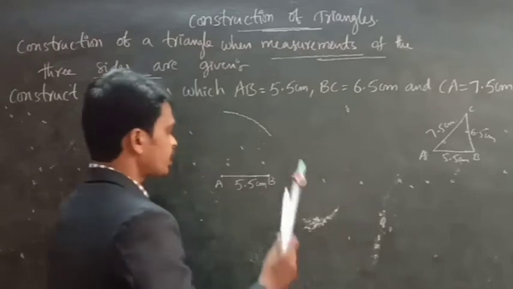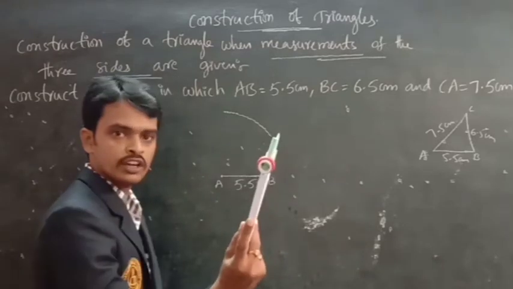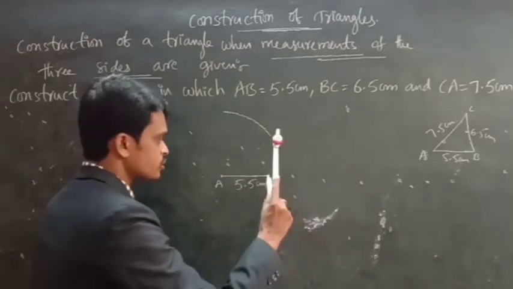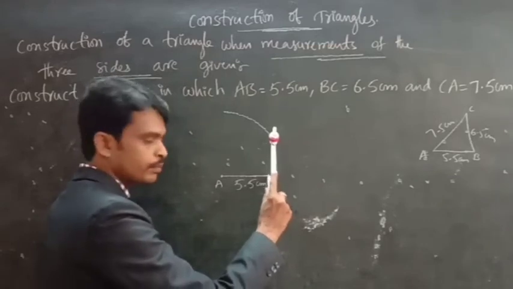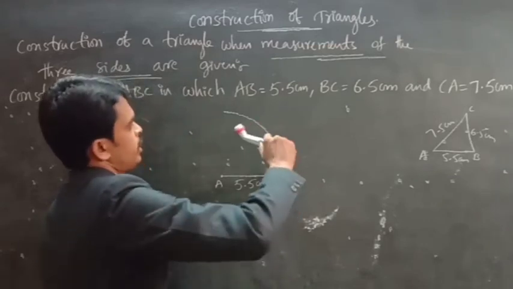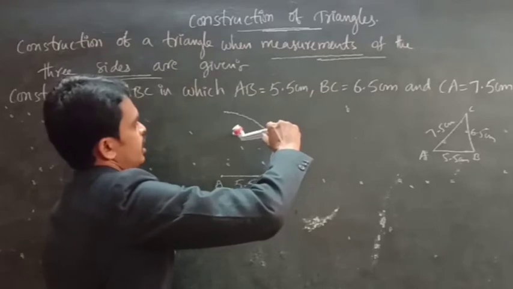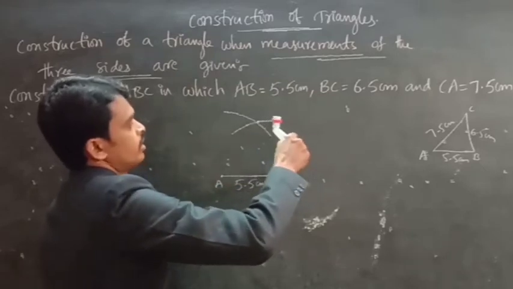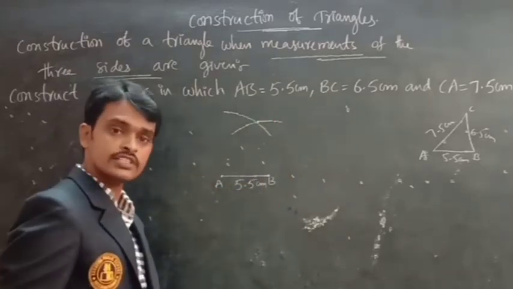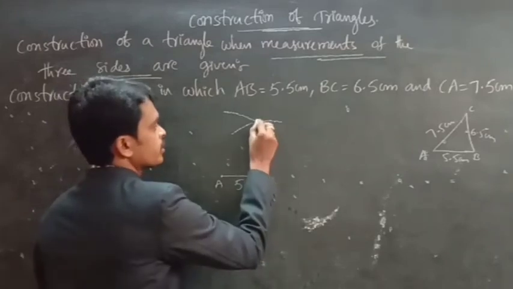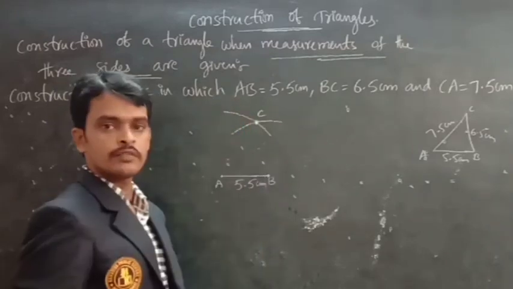With center B, we place the pointer of the compass at B and draw another arc. It will intersect the first arc at C.